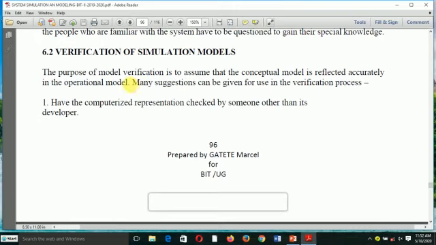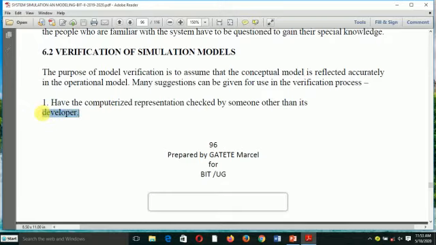And many suggestions can be given by many professionals doing the verification processes. So what are the suggestions? You have to have the computerized representation checked by someone other than its developer.